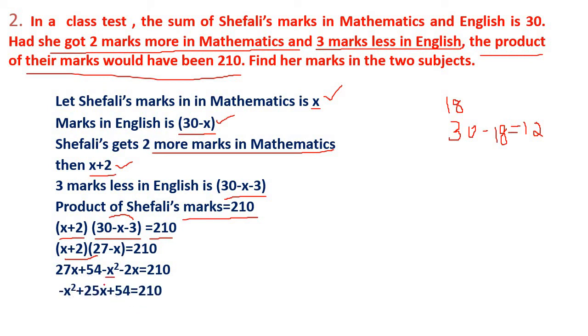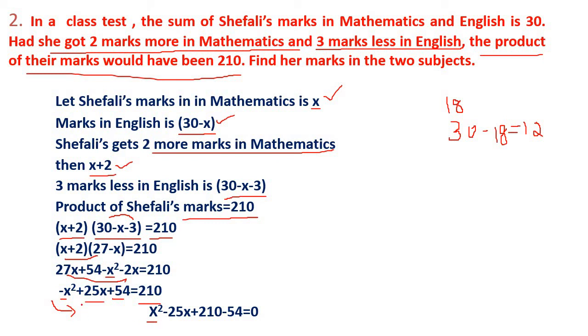Now, first let us write minus x square, then 27x minus 2x is plus 25x, then 54 is equal to 210. Let us write this equation in the standard form. So transpose x square to RHS, it becomes plus x square.